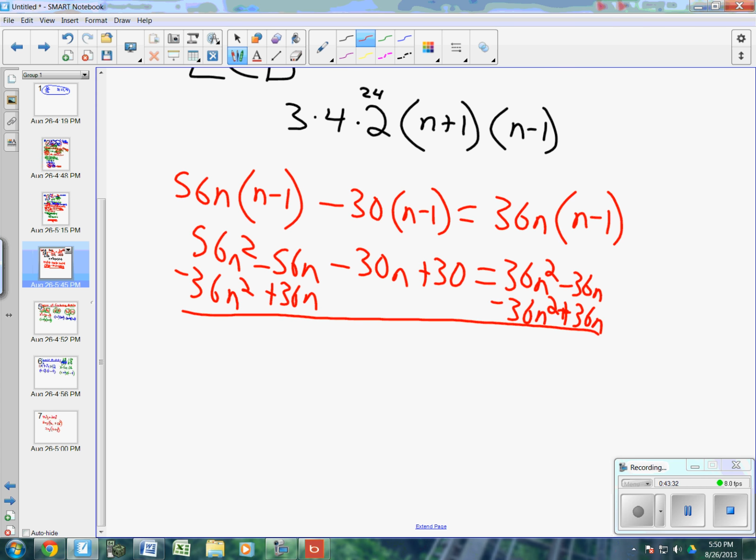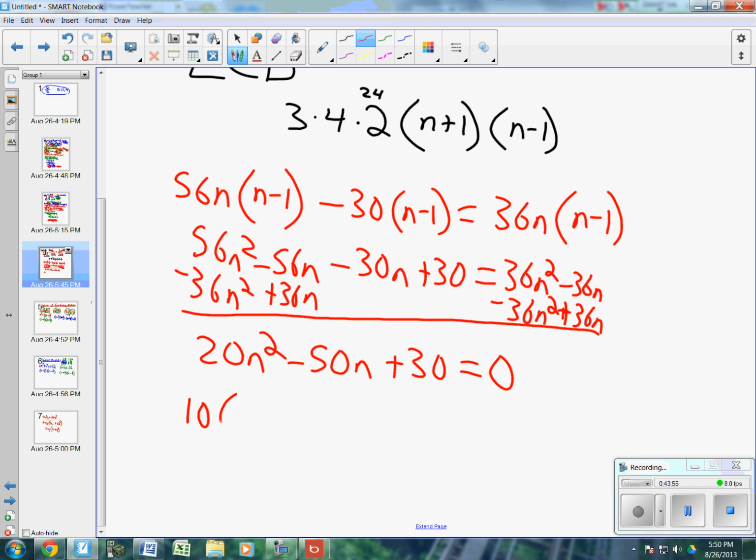And I am going to get 20n squared. And negative 56n plus 36 is a negative 20n. Minus 30n would be a negative 50n. Plus 30 equals 0.